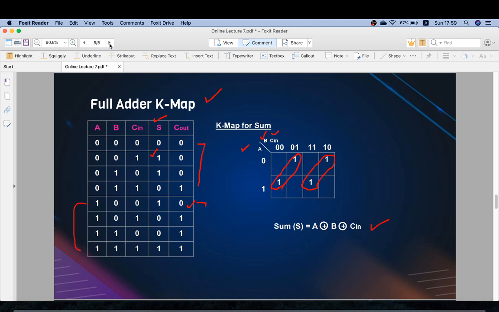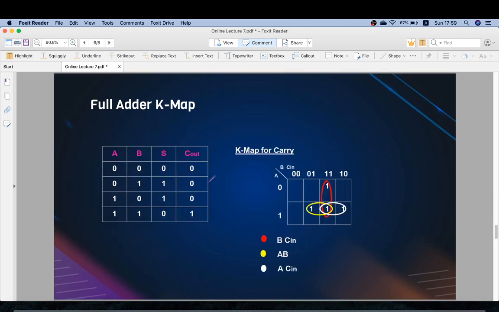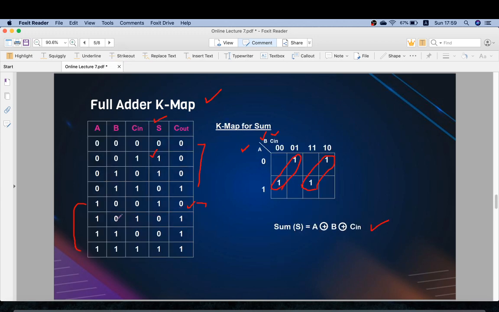So first we will draw the first 4. So what are the first 4? Because we will only take the SOP form, so we will mark at 1, 1, 0. So here it is 1, 1, 0. So we will mark 1 here. So what are the other K-map entries? The second one is at 1, 0, 1.